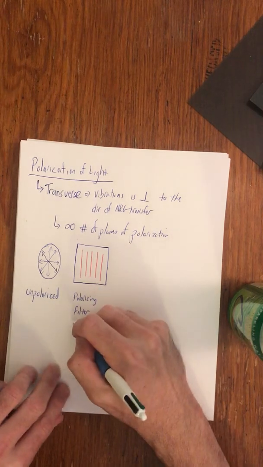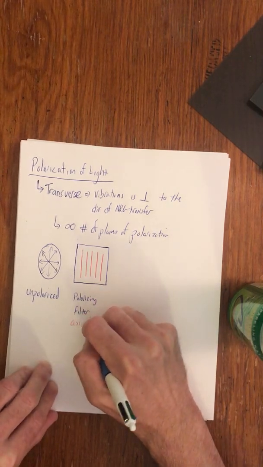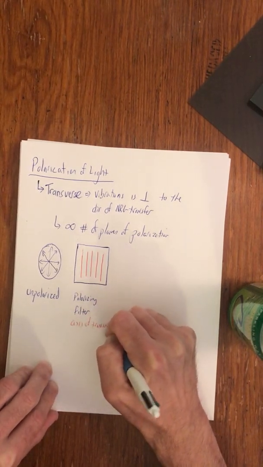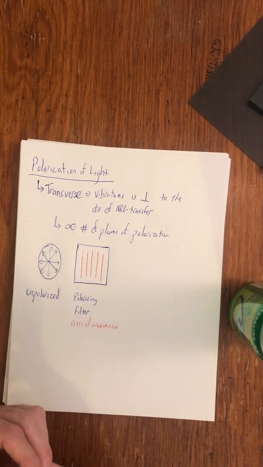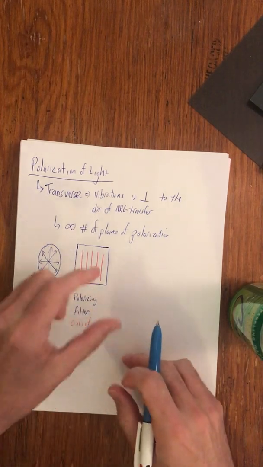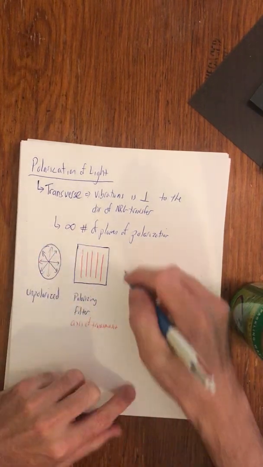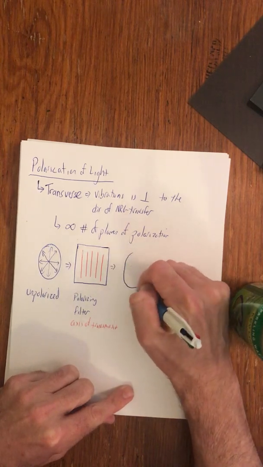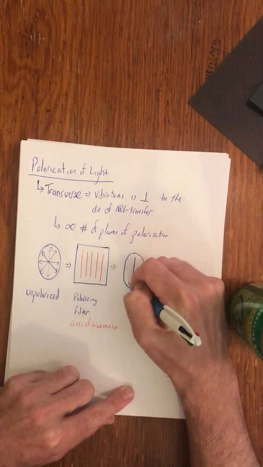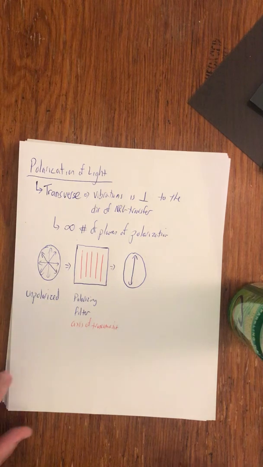But let's say that this has an axis of transmission of up-down, like this. That means when the light goes through, let's see if this polarizing filter is placed over the light source, what we would have afterwards is only the up-down light would get through.